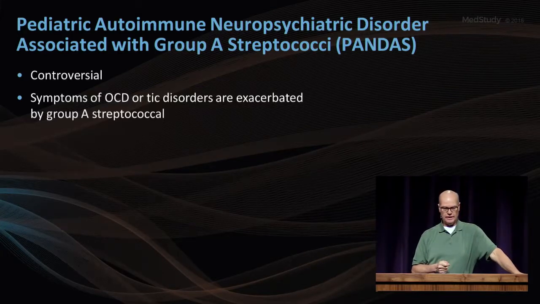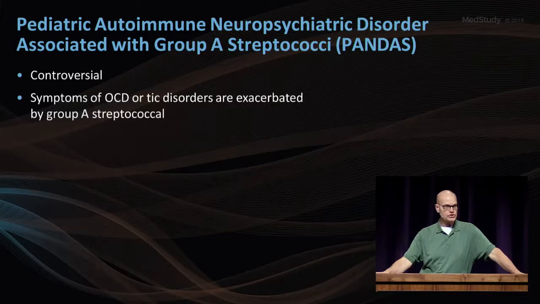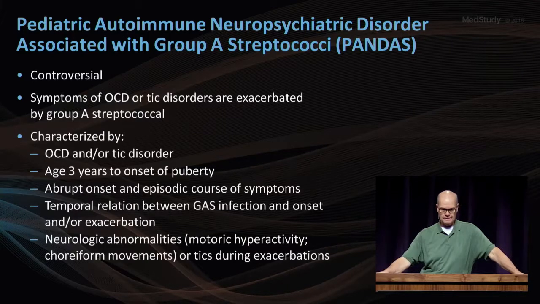I actually have a good friend whose child has this, and in talking with this friend, it's really quite remarkable, the change in his son. He says, I know when he has strep throat because his tics get much worse, and as does his OCD. So although controversial, I think you will run into patients where this does indeed seem to be very common.